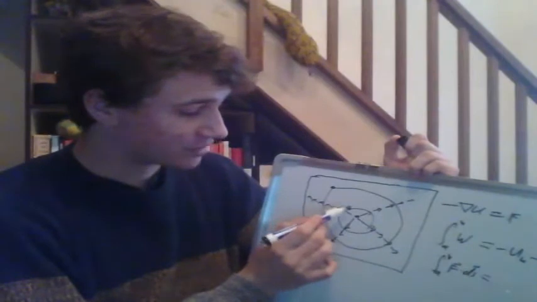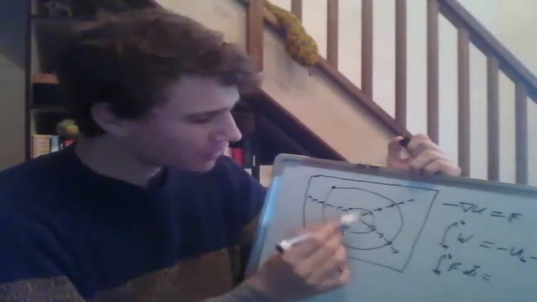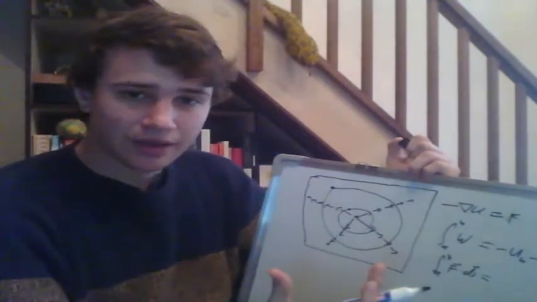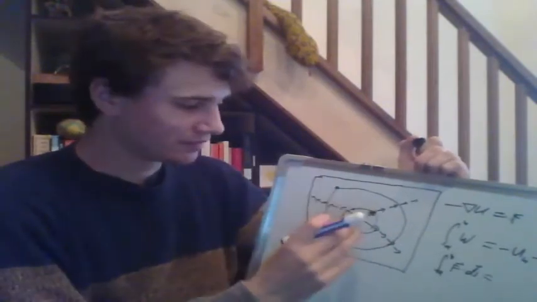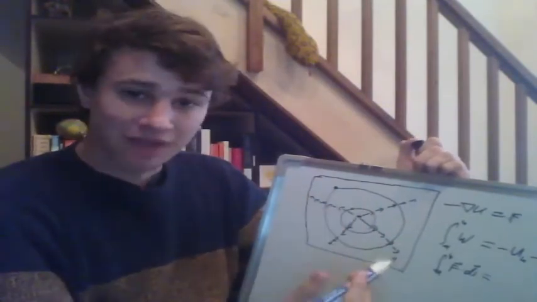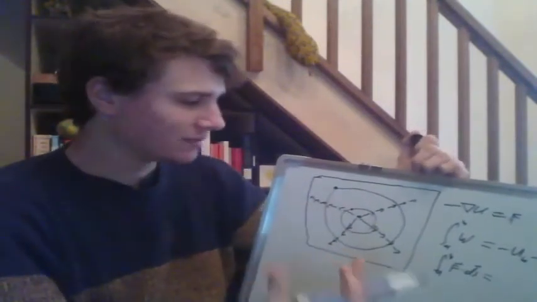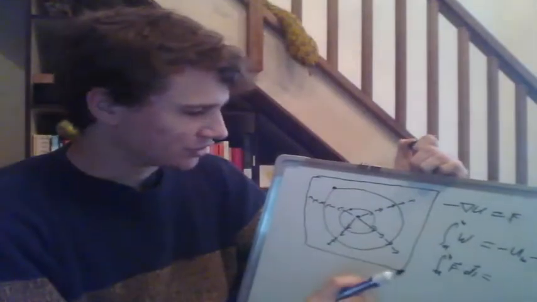And we already determined that this entire ring is going to have the same potential energy. So the potential energy field here only depends on the radius, so it's only how far you are from the point. Exactly the same as our electric field. It has the same symmetries. So that's also an important observation to make.